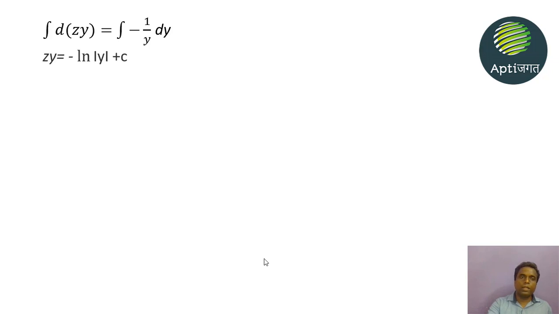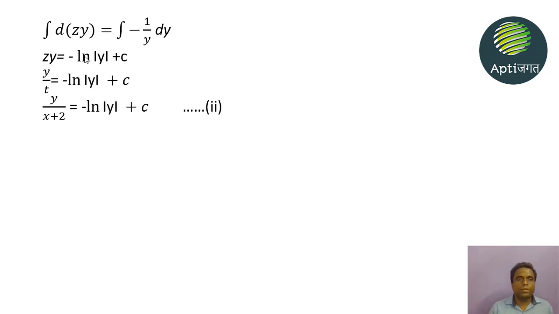What do we get? zy equals minus ln mod of y plus c, because 1 upon y dy is ln, and the minus sign is written as it is. So what is the next step? In zy, put the value of z. What is the value of z? 1 upon t. So y upon t equal to minus ln of y plus c.